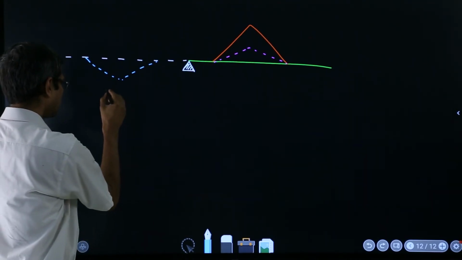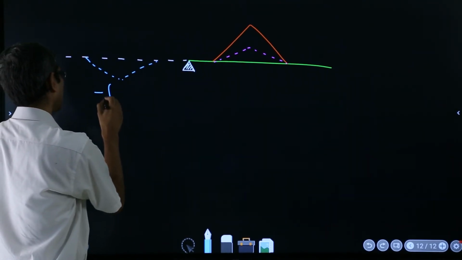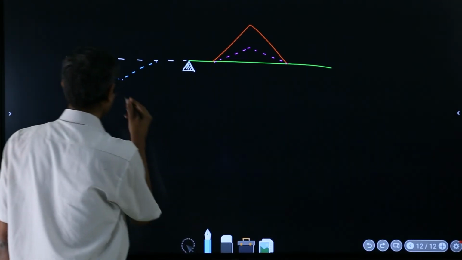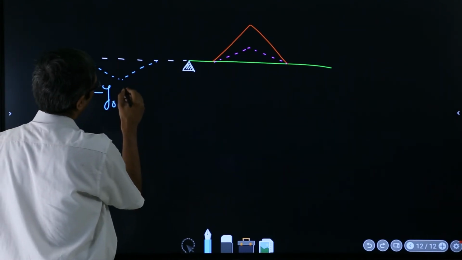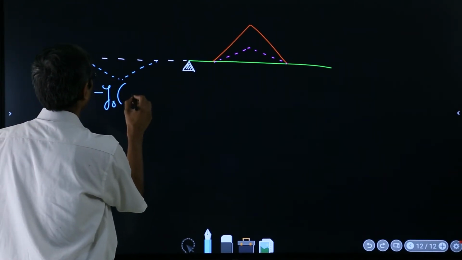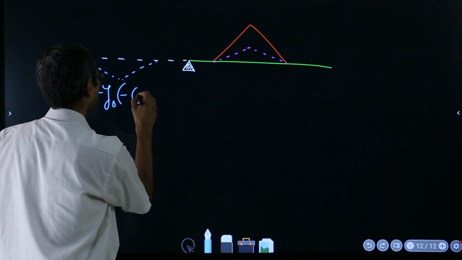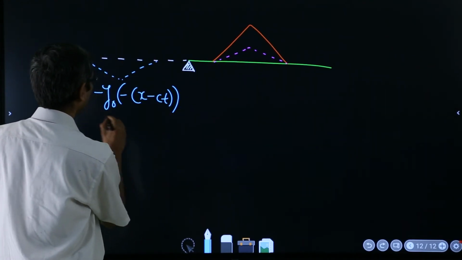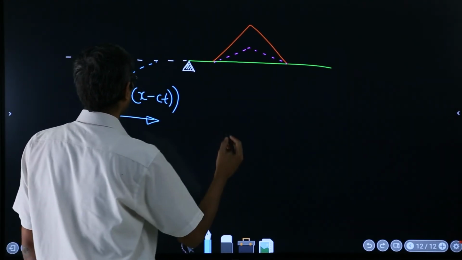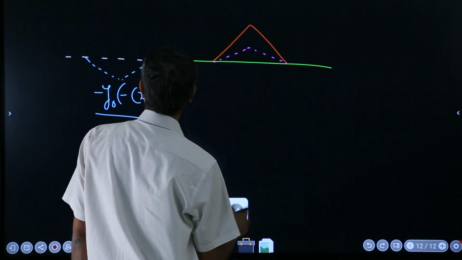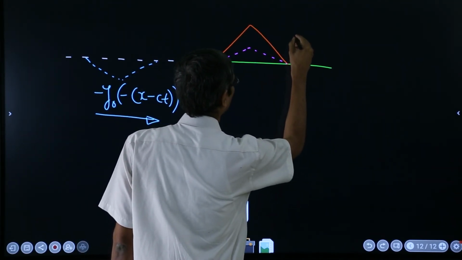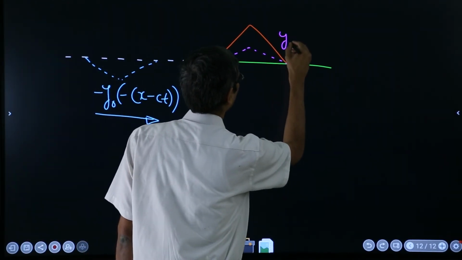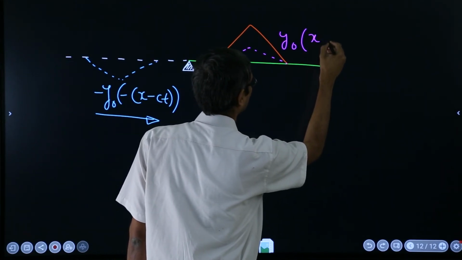So this one is minus y naught of minus of x minus ct, right? Minus z, and it's moving this side, and this one is your y naught of x.